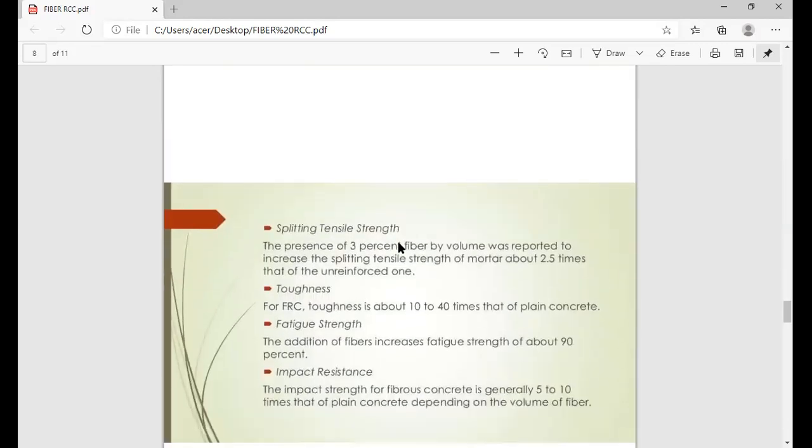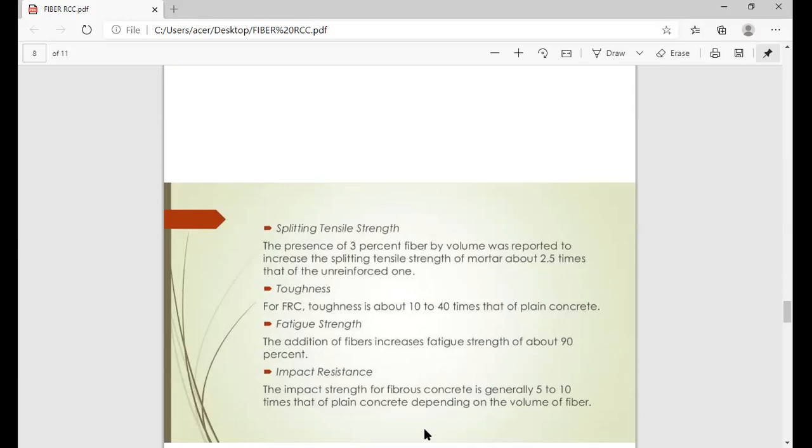Next mechanical property is the splitting tensile strength. The presence of 3% fiber by volume was reported to increase the splitting tensile strength of mortar about 2.5 times that of the unreinforced one. If we are talking about the toughness of FRC, toughness is about 10 to 40 times that of plain concrete.